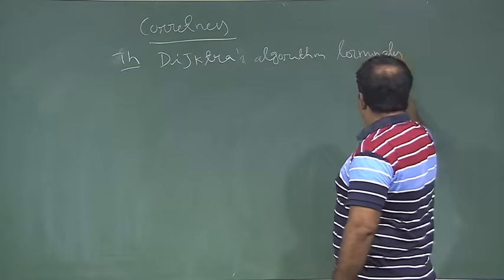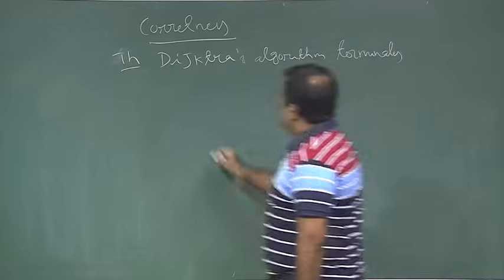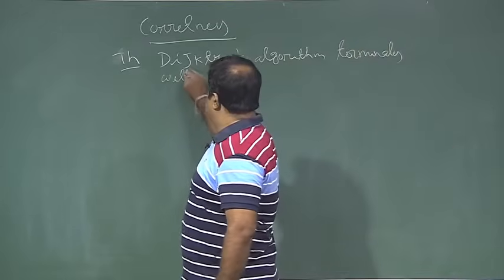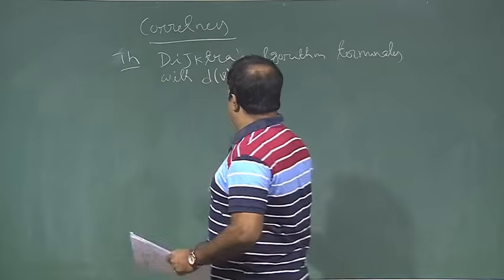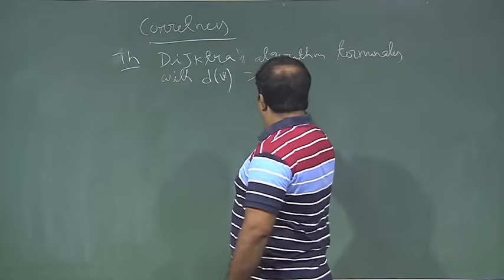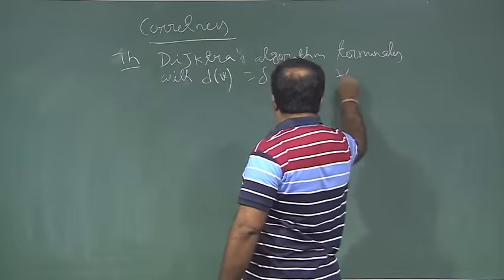So, when we finish this execution, then d of V is equal to delta of s comma V for all V.